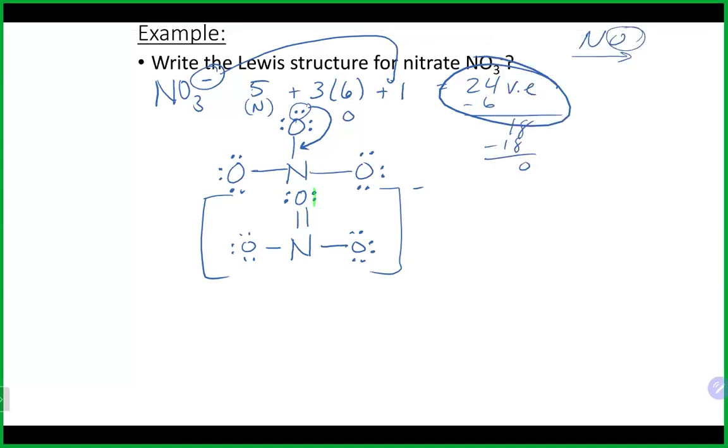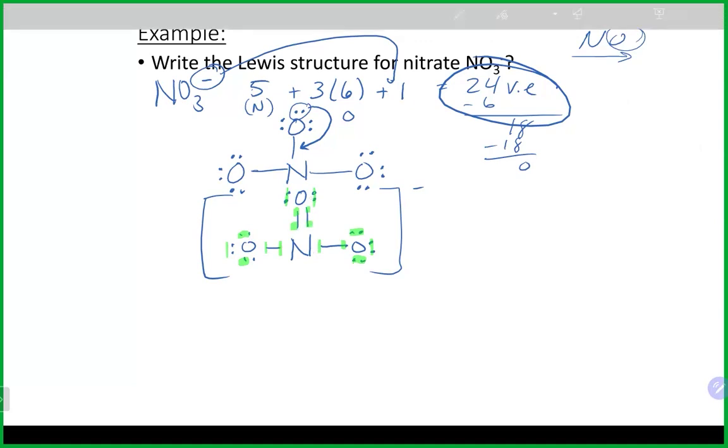That is 2, 4, 6, and 8 electrons for the oxygen on top. So it's good. That is 2, 4, 6, 8 electrons for that oxygen, so it's good. That is 2, 4, 6, 8 electrons for the nitrogen. It is good.